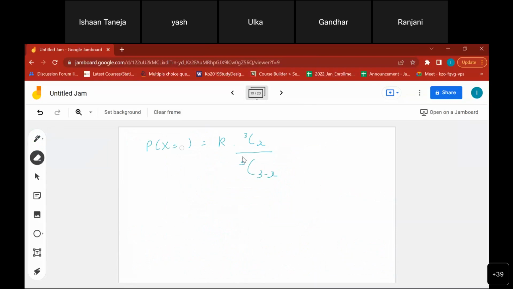What is the value of K? X takes the values 0, 1 and 2, right? Okay. So you know that if I add all these probabilities of possible values, it should equal 1, right? Correct, yeah.